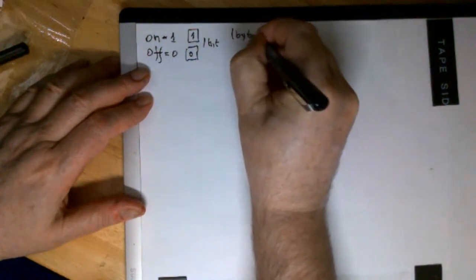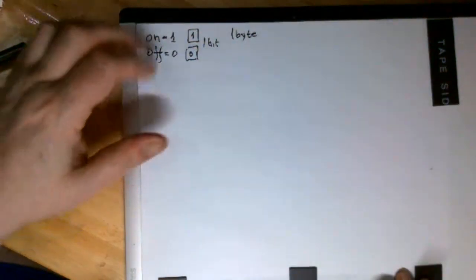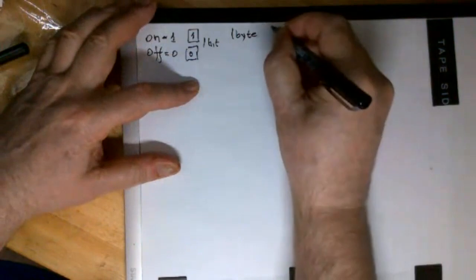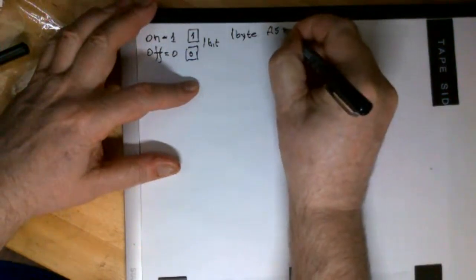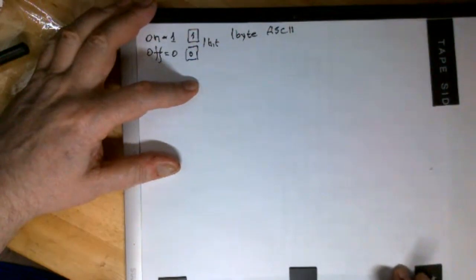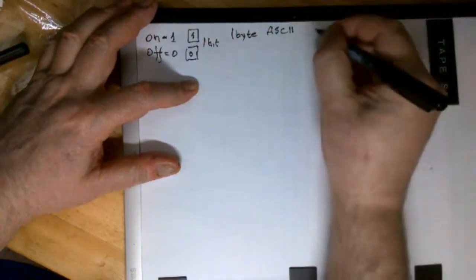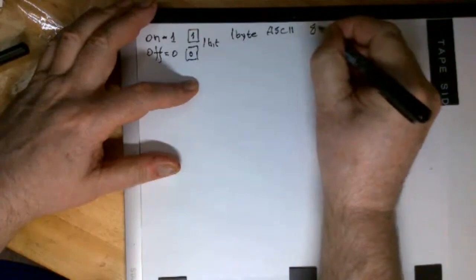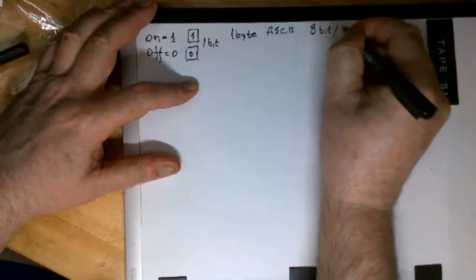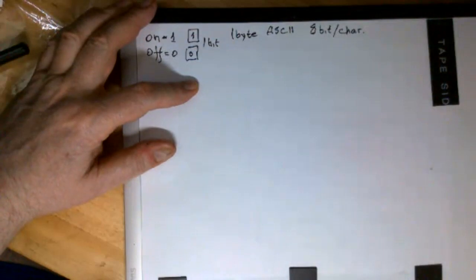1 byte is a measurement unit for information in textual form, because in the American Standard for coding, meaning alphanumeric information, ASCII code is American Standard Code for Information Interchange. We have 8 bits per character.